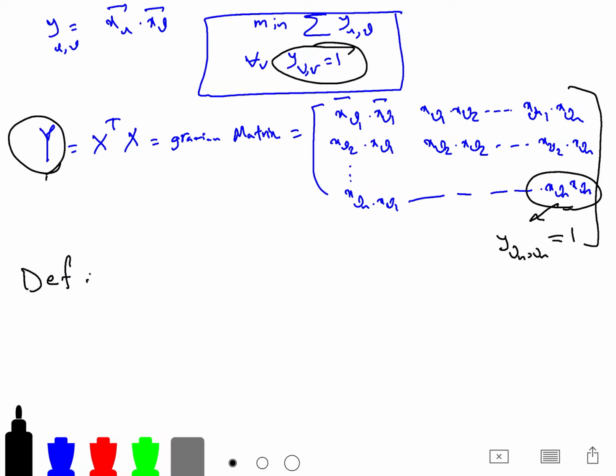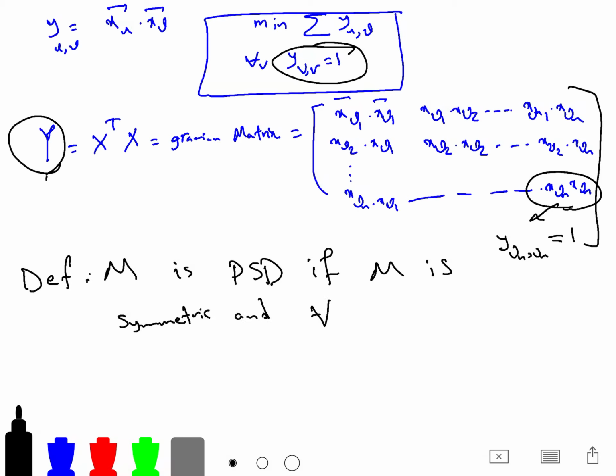So let us define PSD, positive semi-definite matrix. You have seen it in machine learning several times. M is PSD if M is symmetric and for any Z, Z transpose MZ is greater than or equal to 0.